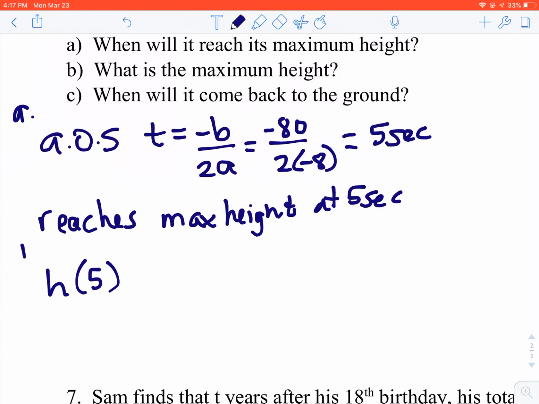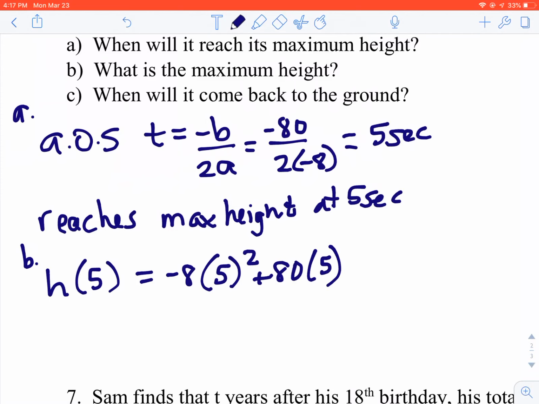This is B. h of 5 is negative 8 times 5 squared plus 80 times 5 plus 25. And if I use my calculator, then that means it is 225 meters. That's the maximum height.